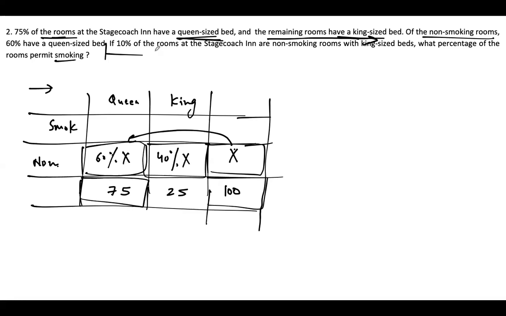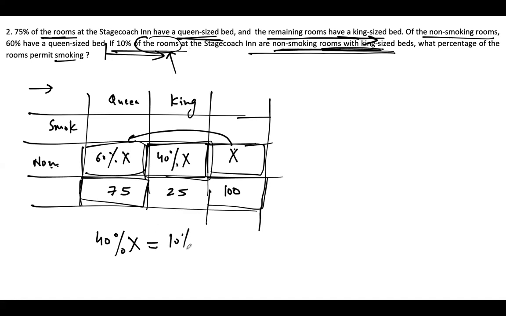Go on. If 10% of the rooms are non-smoking rooms with king size beds. First of all, identify the box which is non-smoking with king size. That is the 40% of X they are talking about. So this equals 10% of the total. 40% of X equals 10% of the rooms.